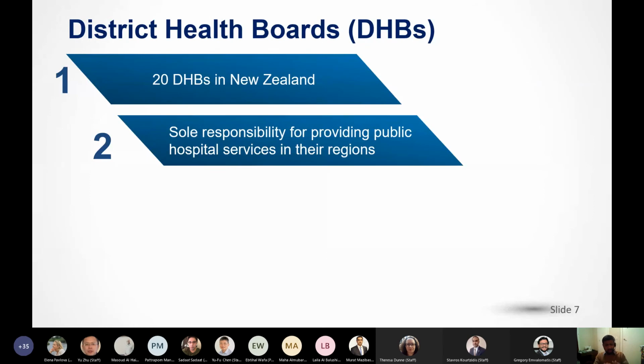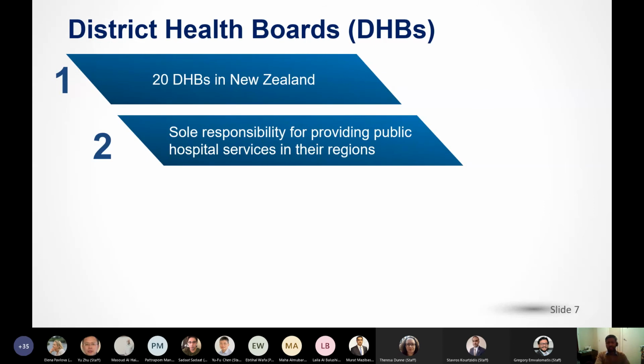Now, why I use the word solely is that there are no private hospitals that can actually provide you acute care or emergency care. You have to go to a public hospital to get that care. There are private hospitals here which mainly do what we call planned surgery.